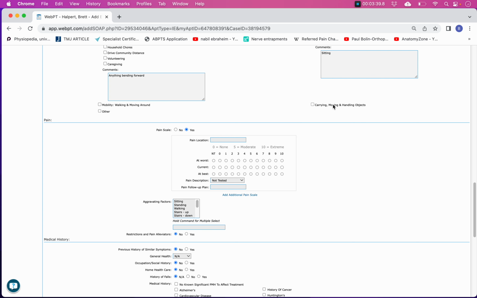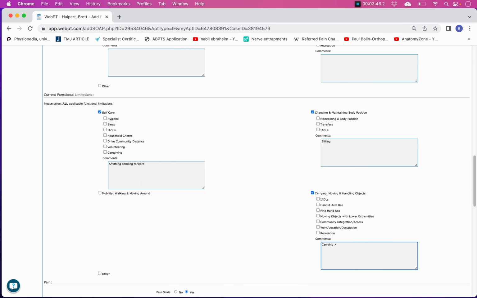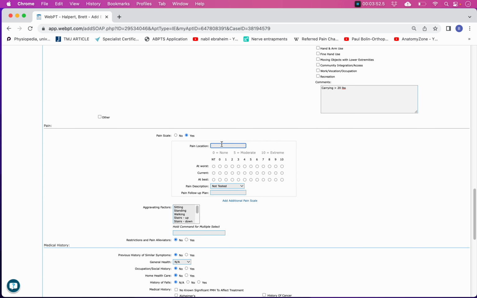Walking around's fine. We'll say carrying anything over 20 pounds. So we'll say pain location, low back, and we'll put in parentheses, denies buttock and leg symptoms.